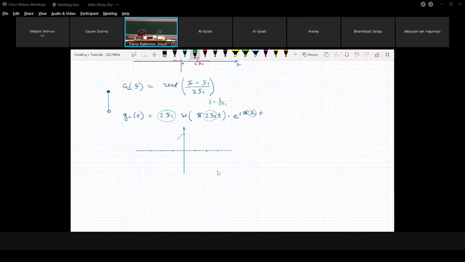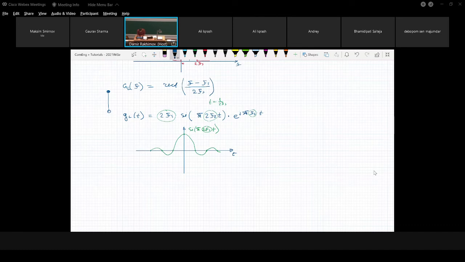We need to show just approximately our function. Our sinc function, sinc pi 2fs t, in time domain.